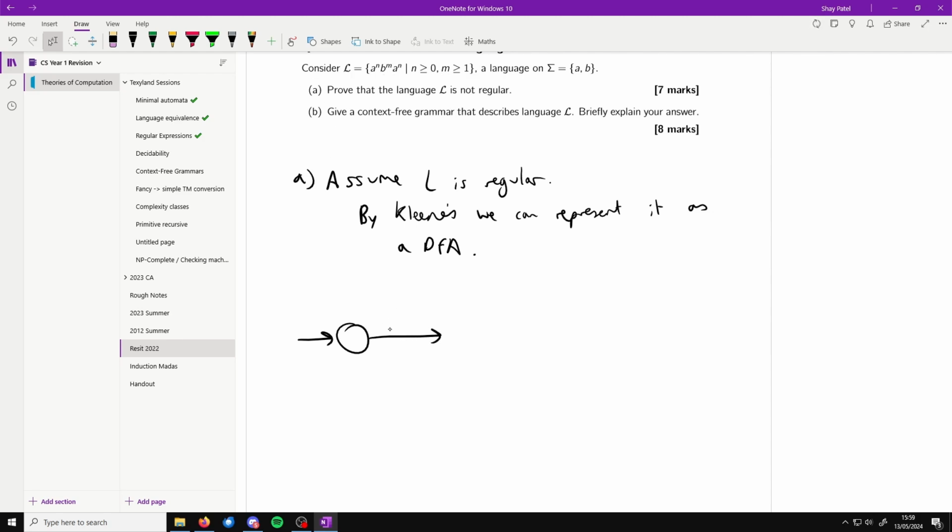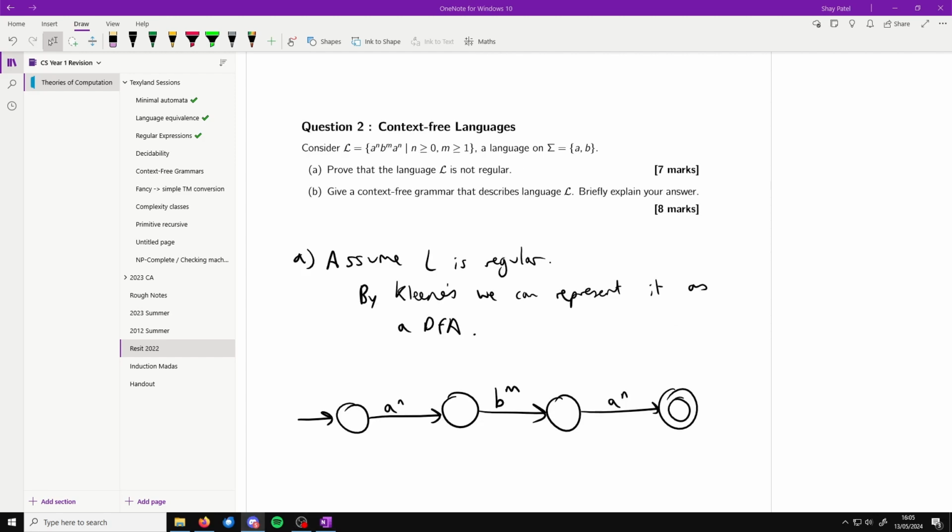If we read in a to the n, and then we read in b to the m, we have to read in a to the n to reach an accept state. So this is sort of what it would look like. But if we read in, say, n a's, and then we read in... I'm just trying to think of the best way to represent this actually.